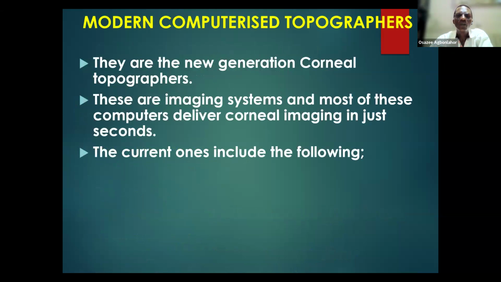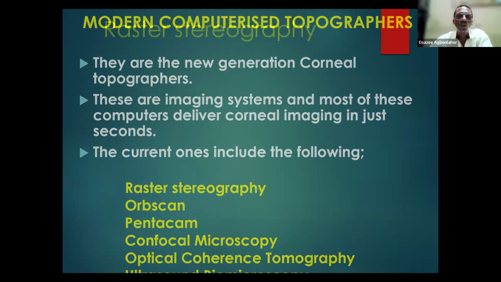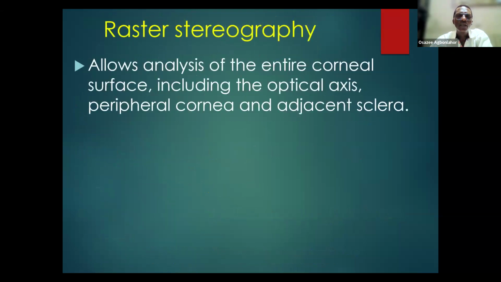All right, we've talked about the modern ones. These are the modern corneal topographers we have. I'll just rush through this. These are not very necessary, but it's just for us to have an understanding of some of them, their uniqueness, their peculiarities, and all of that. The raster stereograph helps to analyze the entire corneal surface, including the optical layers, the cornea and adjacent sclera.